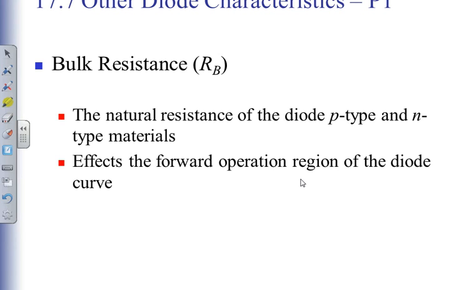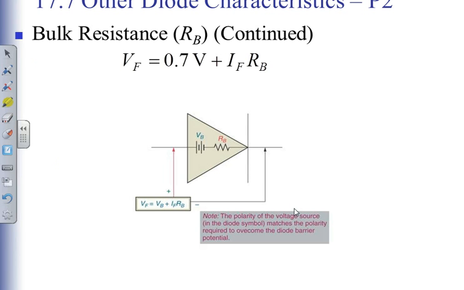There's going to be some bulk resistance of the material. The P-type and the N-type material have some resistance associated with them. That resistance is why there's a 0.7 volt drop across it before it turns on. And this bulk resistance is going to affect the operating range of the diode.